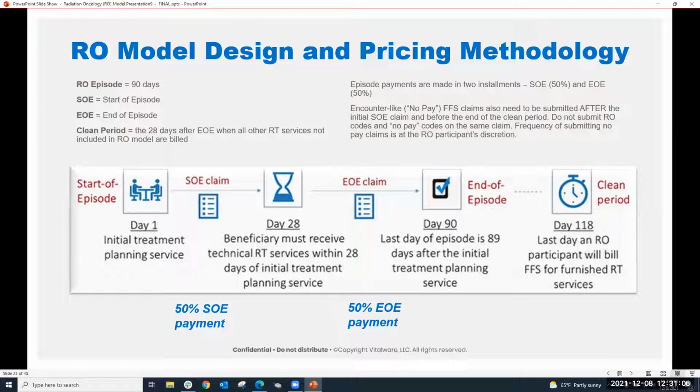Then, on day 28, if your patient is finished with treatment, you can submit your end of episode claim at that point, but you can't do it before day 28.